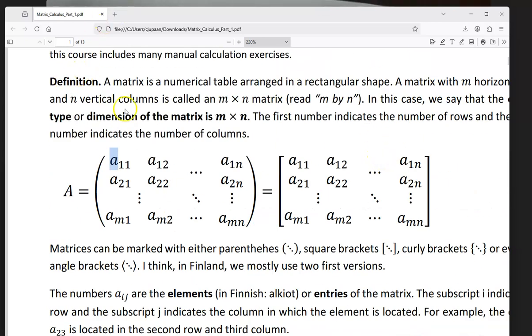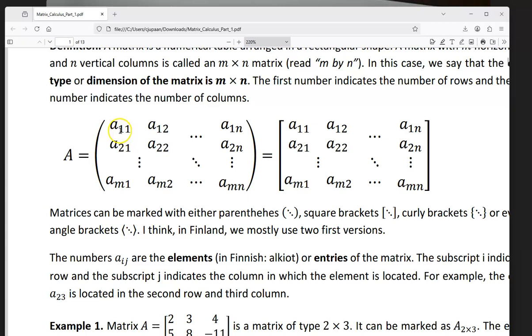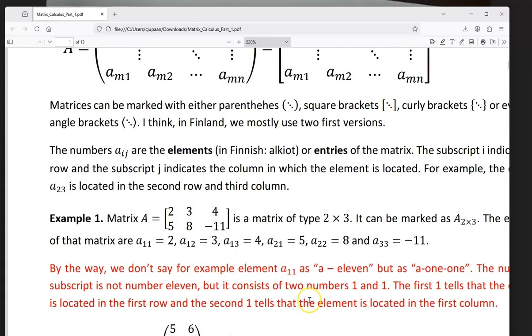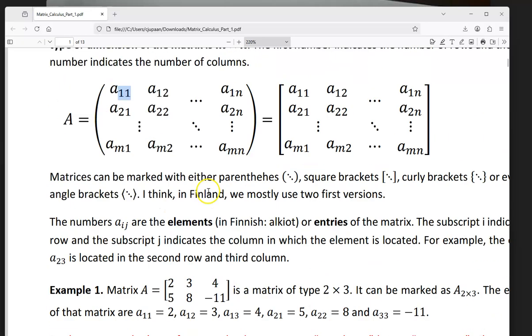But then the logic in these numbers, which are subscripts here, a11, a12, a21. We don't say that this is a eleven and a twelve. This is not a number which is higher than 10, but these numbers tell us the place in the table where that number is located.